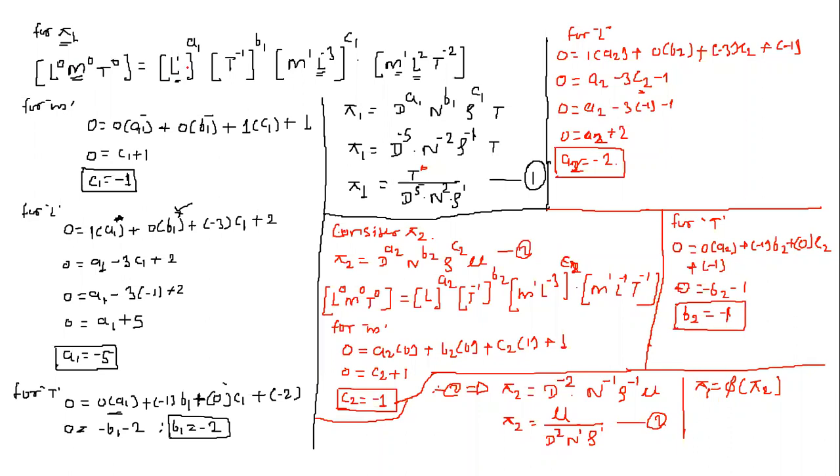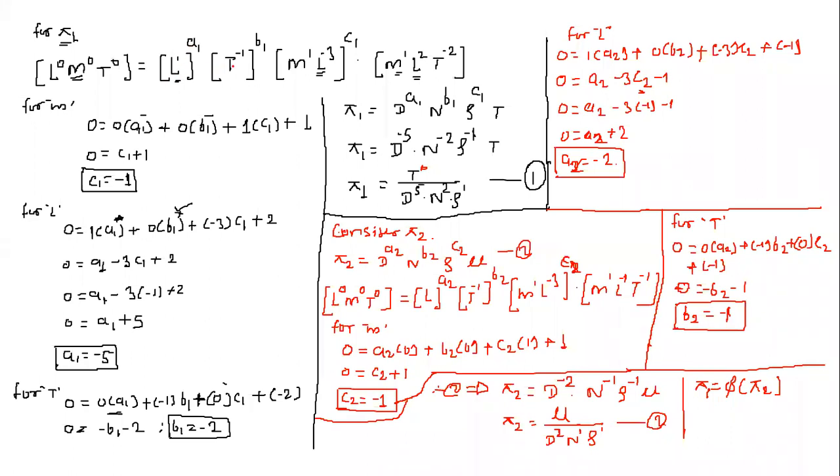Then we wrote the powers for the remaining variables and compared the powers for L, M and T. Firstly, we compared the power of the mass dimension, M. Here in the first one there is a 0, no M is involved.